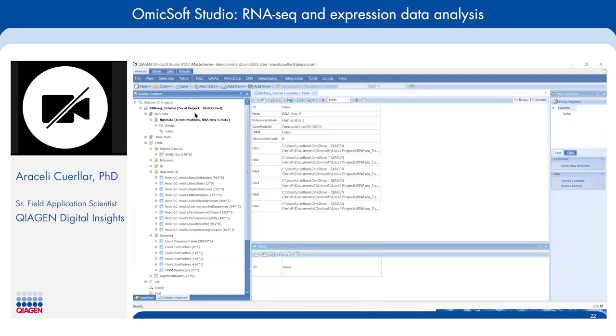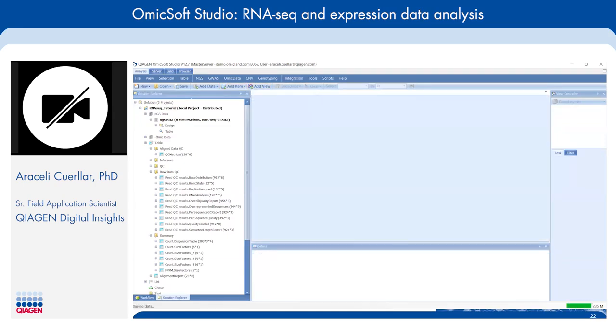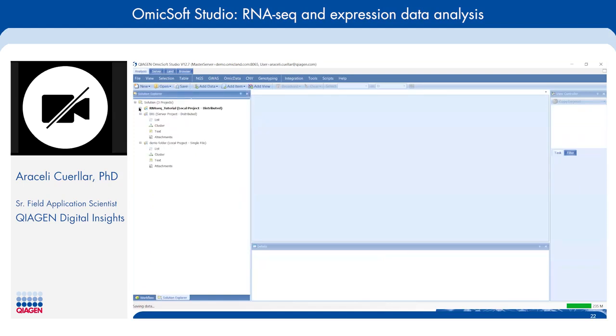Now, instead of using the FASTQ files as your starting point, many of you are actually interested in starting from a count matrix that you obtained outside of OmicSoft. And so in OmicSoft, you can analyze your matrix data as well.